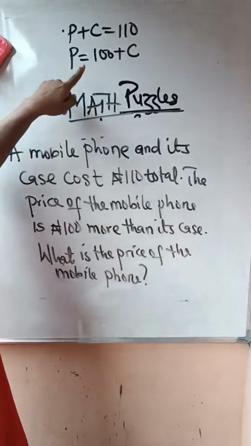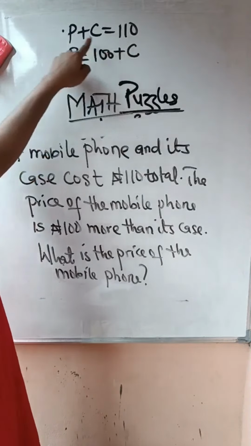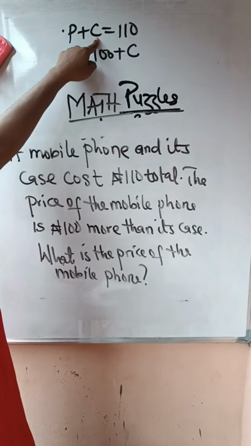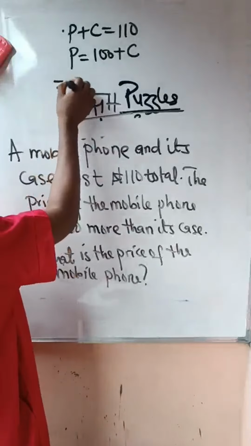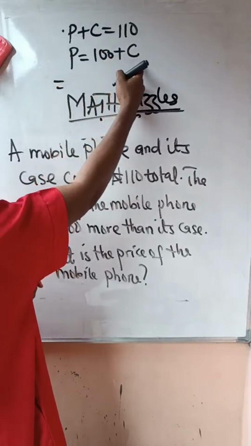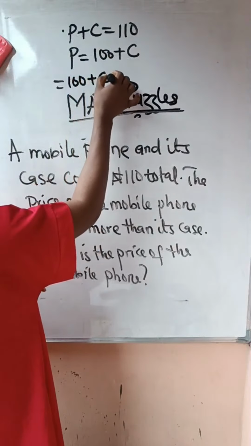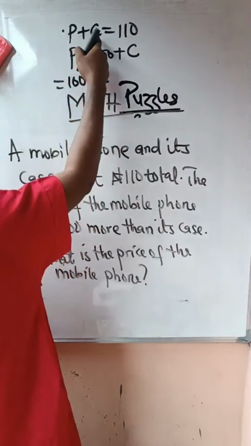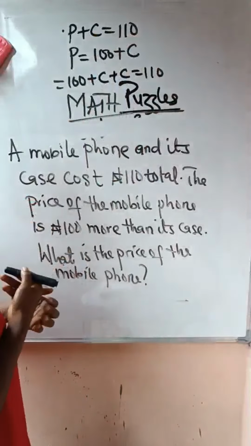In this case, we will replace P with 100 plus C. That way, we only have one unknown, which is C. So I will now rewrite my equation: 100 plus C, that is for P, then plus this C is equal to 110.